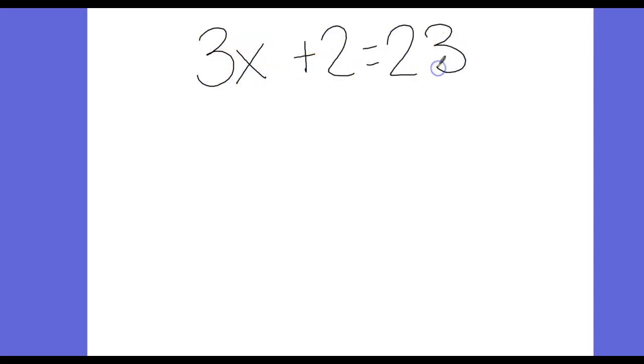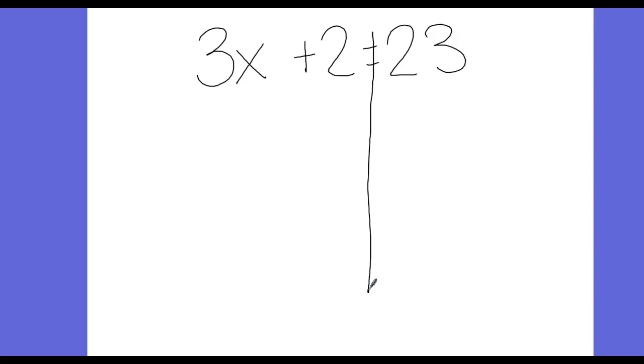Number 2, 3x plus 2 equals 23. Draw a line down your equal sign. Sean, what is with my variables? So I have 3 x's and a 2.